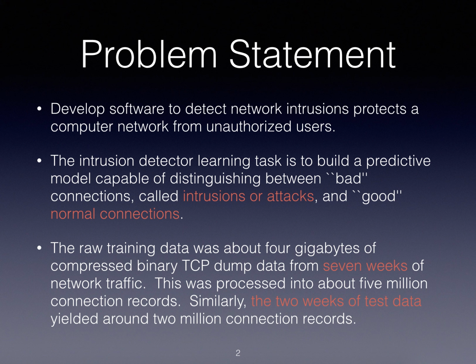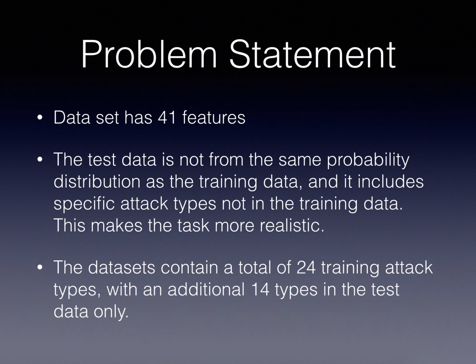So it's a really large data set, and here I may use R Hadoop to solve this problem. Further, in detail, the dataset has 41 features which describe the connection type like TCP or UDP, or the duration, and the details of the 41 features are listed on the website.